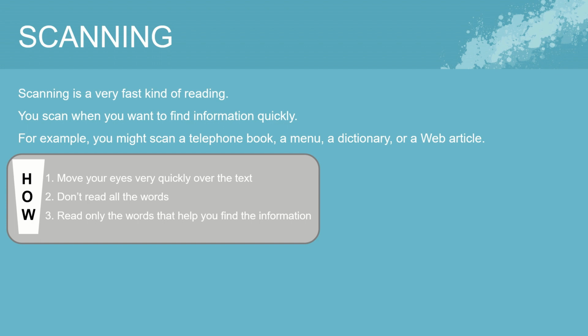And for example, if you want to find a word from a dictionary, you do not read all the words written in that dictionary, do you? You just focus on one specific word that you want to know the meaning of. Maybe you want to know the meaning of chaos, for example.